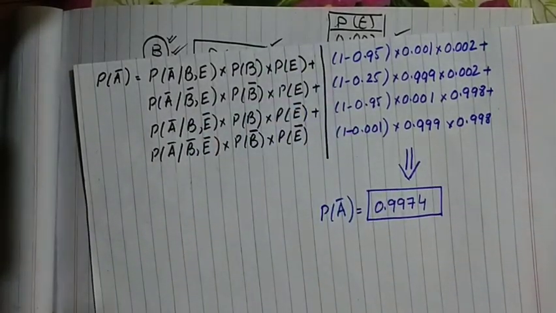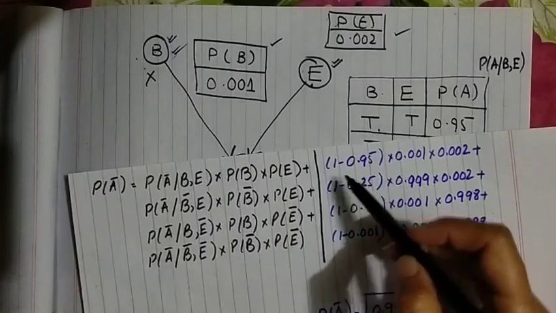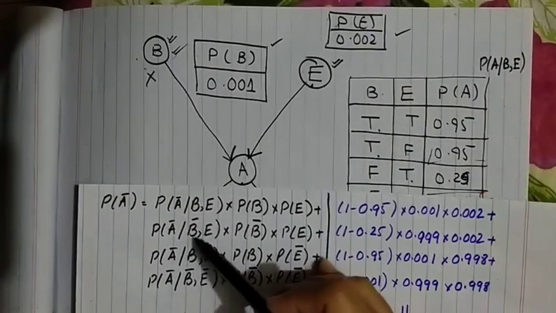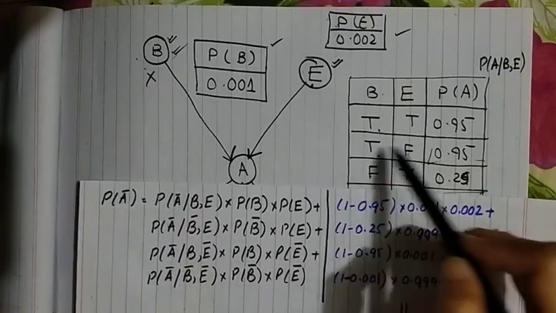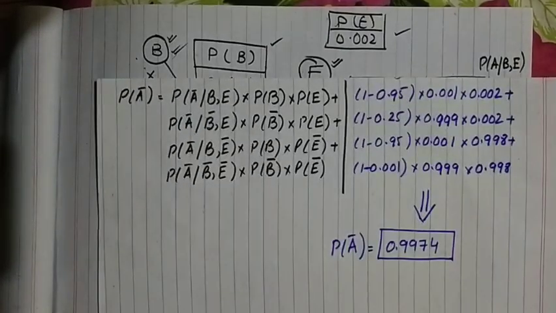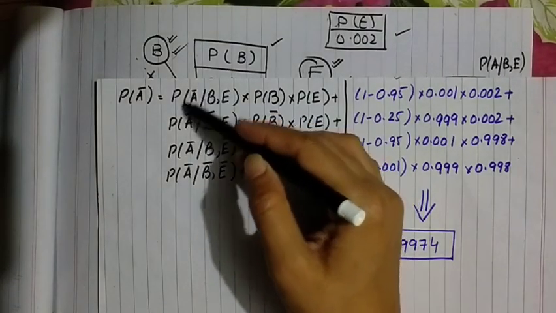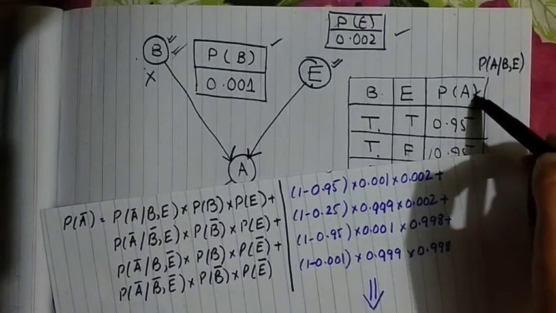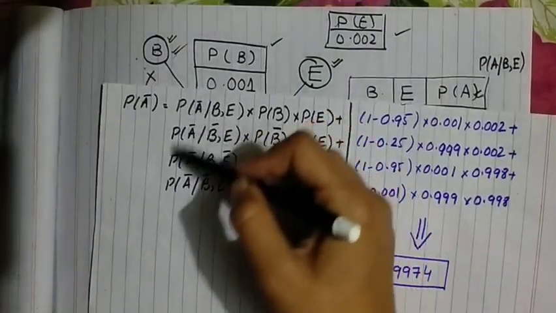We have to see all the possible four statements: true true, false true, true false, false false. All these values we will take. But one thing that changes here is that the probability was true for alarm, but now we have got false.